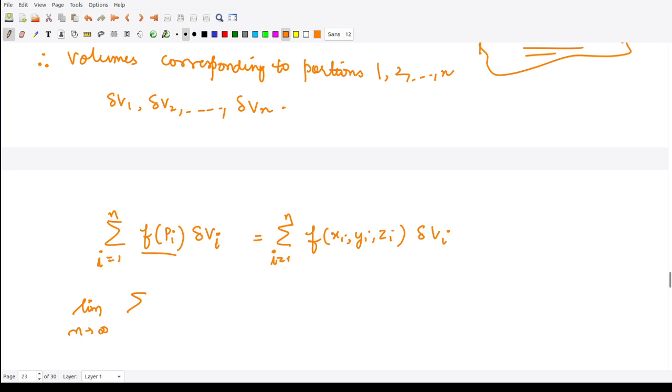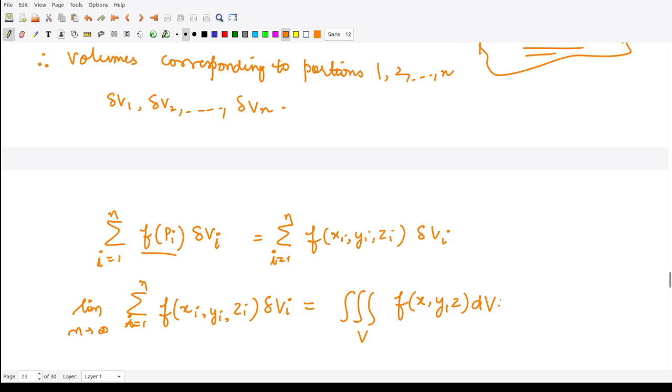The limit of this sum, where i varies from 1 to n, of f of xi, yi, zi, delta Vi, becomes equal to the triple integral defined over the whole volume of the given function f of x, y, z dV. So this is how we define the triple integral of the function f.